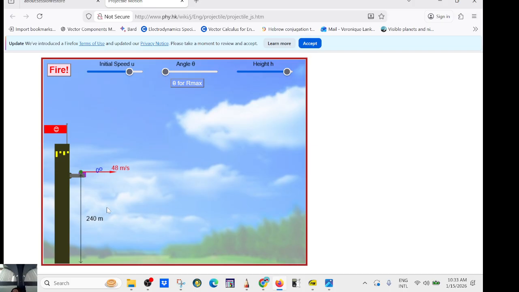Along the x-axis, it's moving at a constant speed because there is no force. Along the y-axis, it's going to speed up because you have the force due to gravity, so there is an acceleration. Along the x-axis, there is no acceleration.